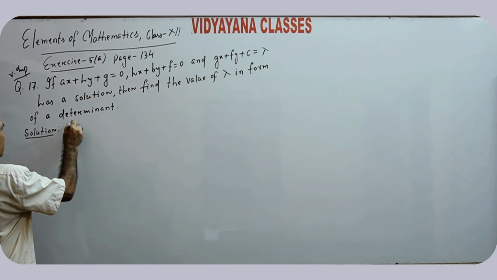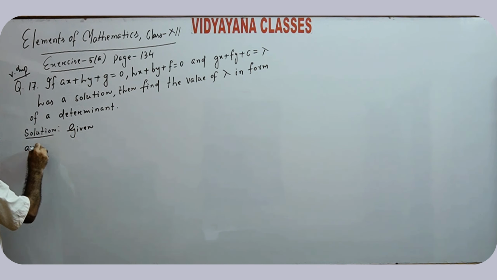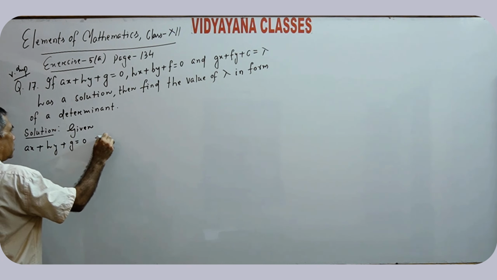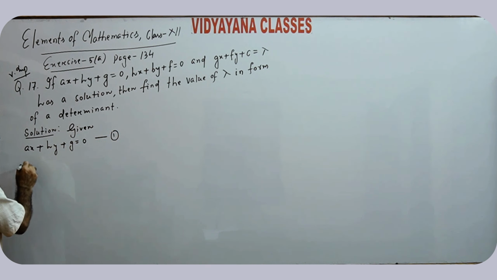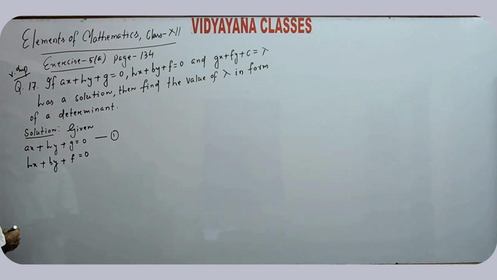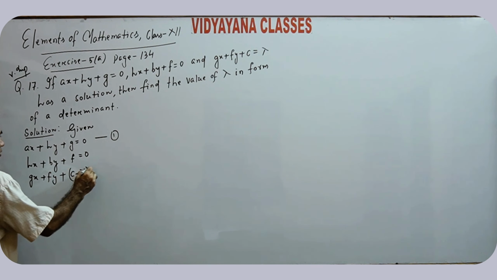Given ax plus hy plus g is equal to 0, it is equation 1. hx plus by plus f is equal to 0, gx plus fy plus c minus lambda is equal to 0.